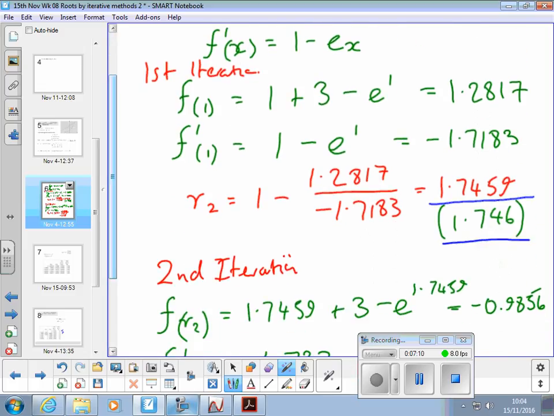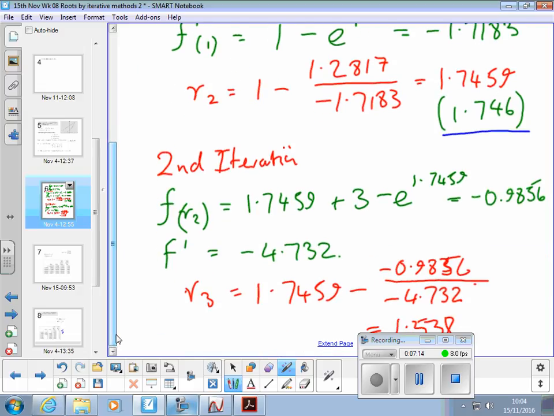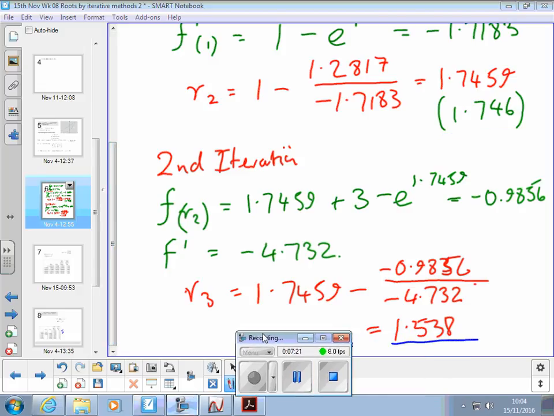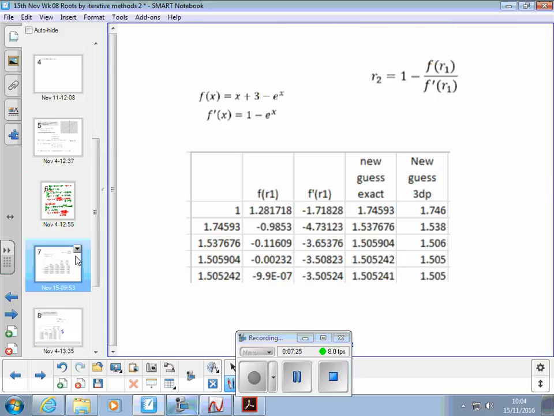Second iteration, we end up with a third guess of 1.538, and on the next page I've pasted in the results from a spreadsheet that I used to find that we get 1.505 to 3 decimal places after 5 iterations of the method.